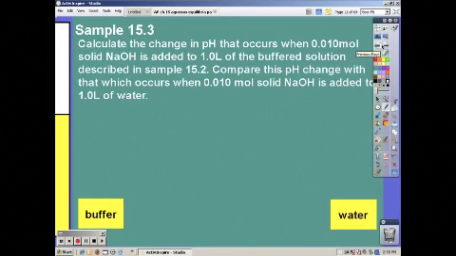So here we want to know the change that occurs when we add solid sodium hydroxide to a buffered solution that was in the previous problem. In the previous problem we had acetic acid, and it was at a 0.5 molarity, and we had sodium acetate also at a 0.5 molarity.